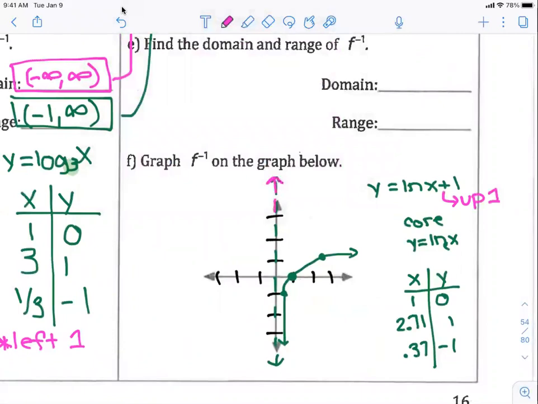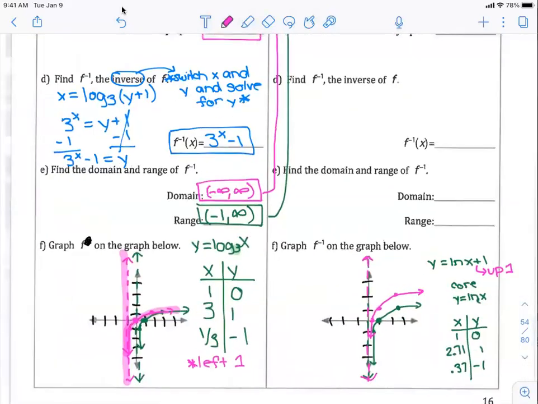When you move the asymptote up 1, that's not going to change it. It is still going to be located at x equals 0. Everything else can move up 1. It's going to look like that, and it does not cross that asymptote there.